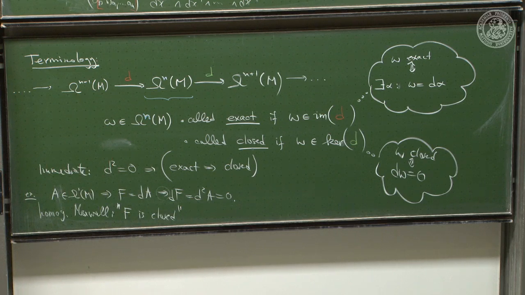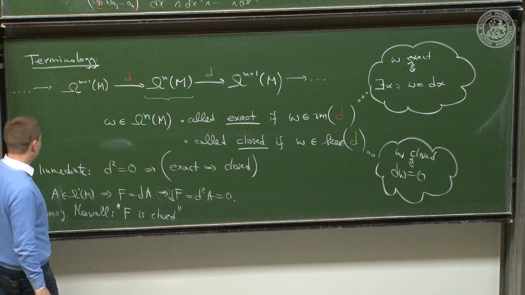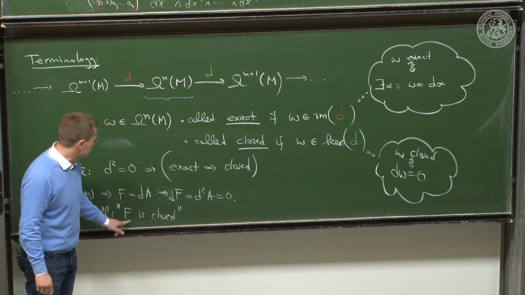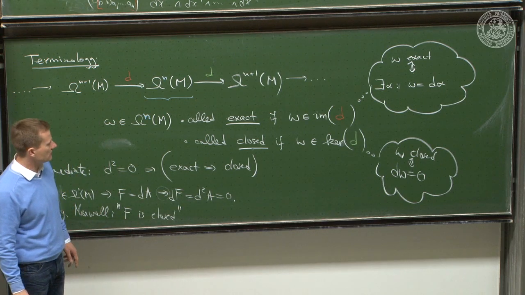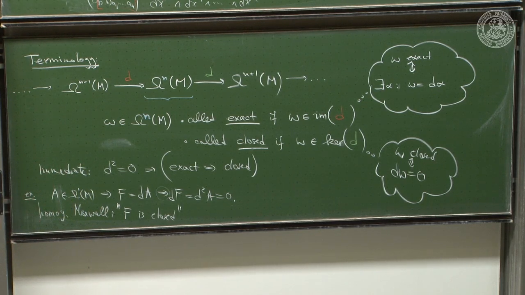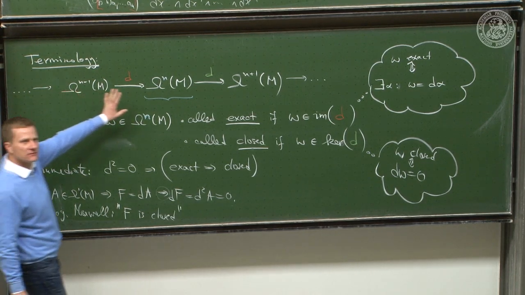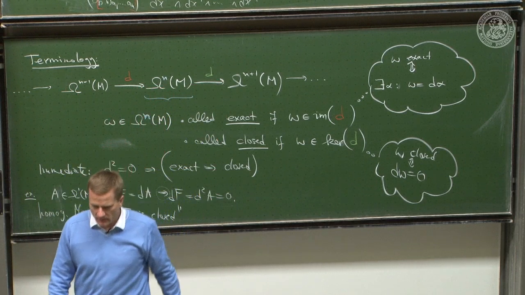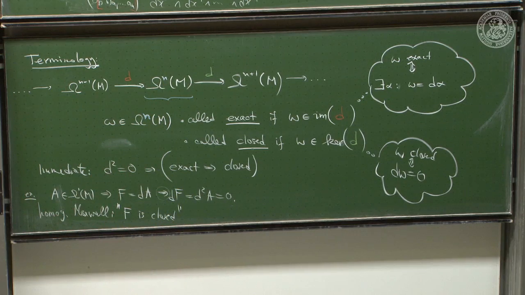Now, you may ask, well, if that is so, is this closed one also exact? Because the image is just a subset of the kernel, but is it equal to the kernel? That's the question. Okay? So under what circumstances are these inclusions at every point of the sequence actually not inclusions but equalities?